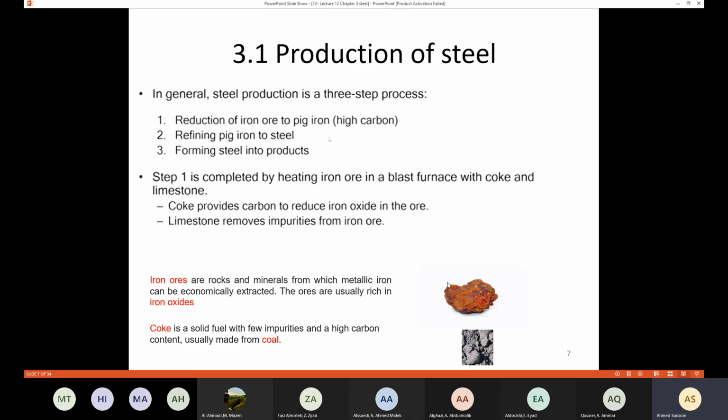So we are first going to pick up this kind of rock. We call these iron ores, rocks rich in iron oxides. We need to put this in the blast furnace.